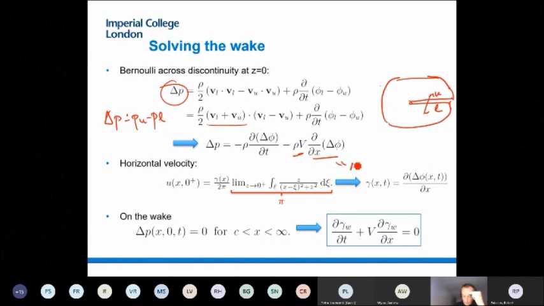This is equal to delta u, the horizontal component of the velocity perturbation. And the second term is simply rho times the change of the jump in the velocity potential between the top and the bottom. So we have a relation between the pressure and the velocity potential. That's the first equation here.